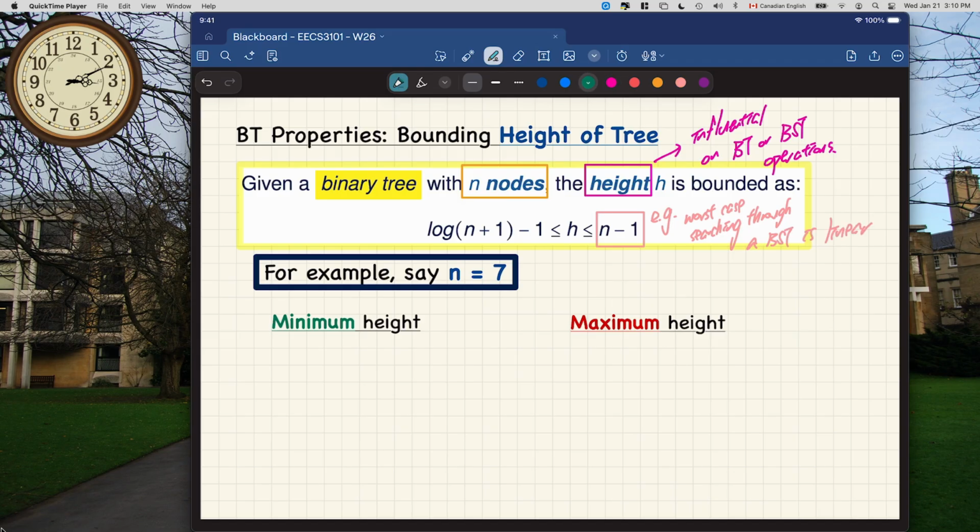On the other hand, if you look at the log here, I'll talk a little bit more about how you can derive it. It's actually also very easy. So this one tells you the best case, or most efficient case. The best case searching is log n.